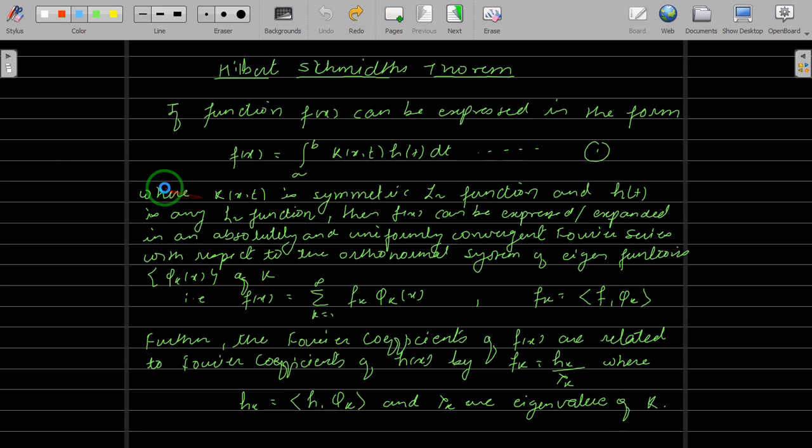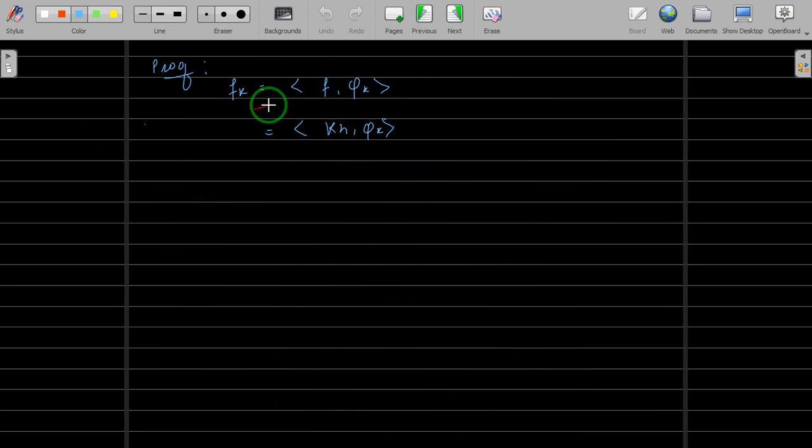Then you can take the operator aside: the inner product of h with K phi_k, because K is a symmetric kernel, remember that. Then phi_k and lambda_k are the eigenfunction and eigenvalue of K.